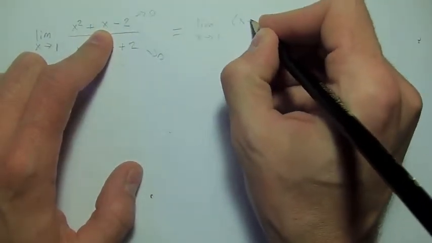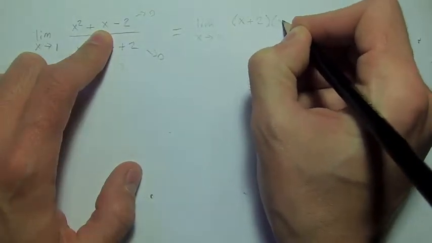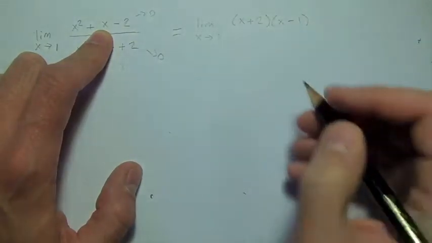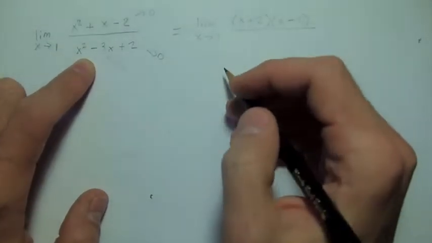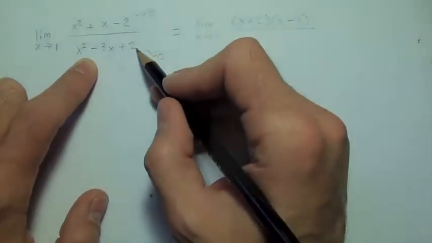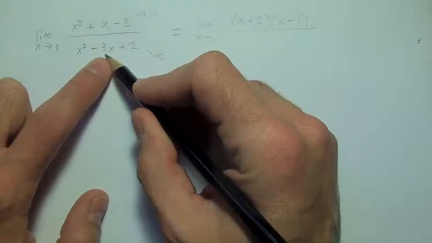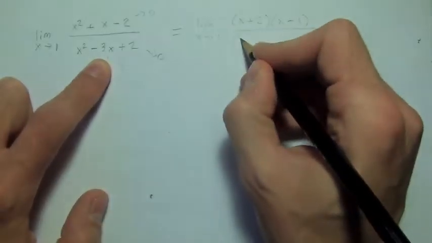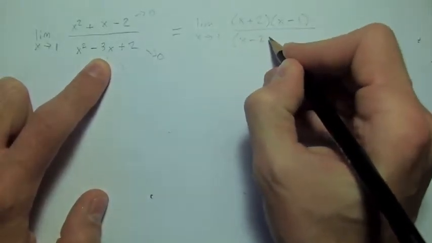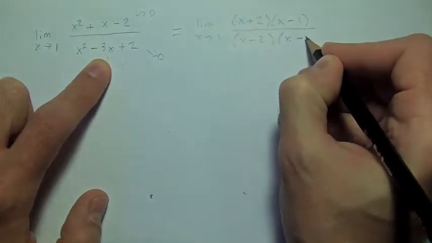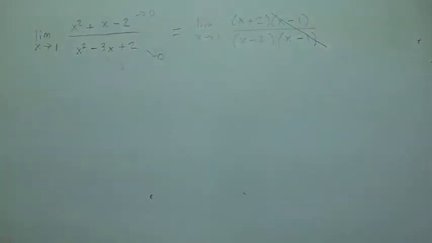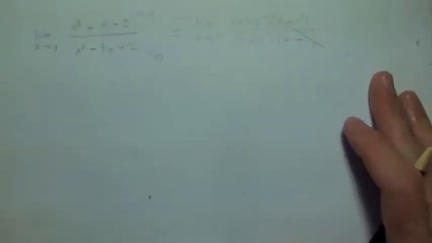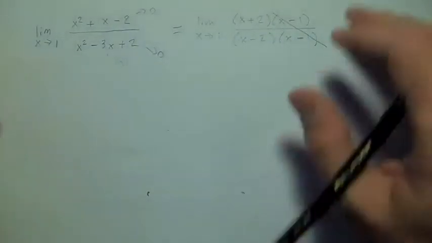So I'm thinking x plus 2 times x minus 1. And the denominator will also factor. I'd want factors of 2 that sum up to be negative 3, and that's going to be x minus 2 times x minus 1. And oh, look at that, the x minus 1's cancel, if you can see that.